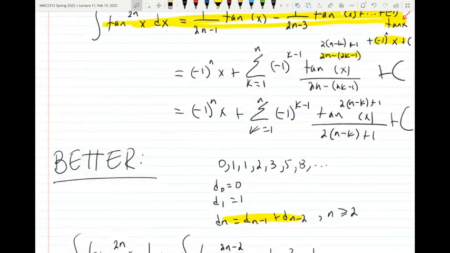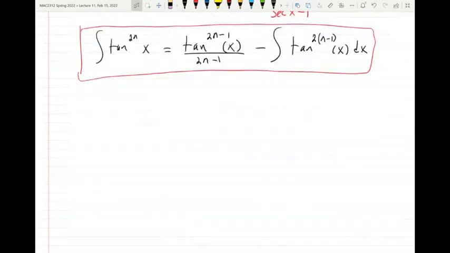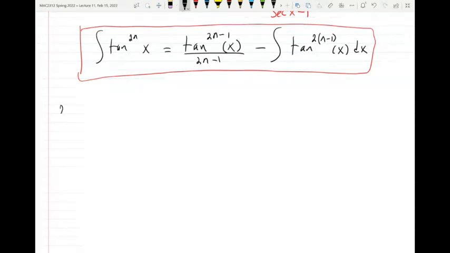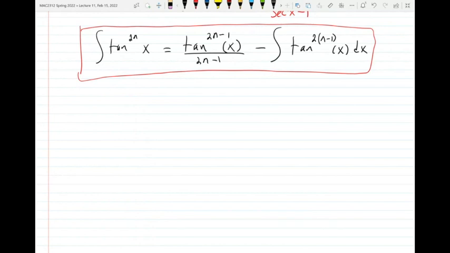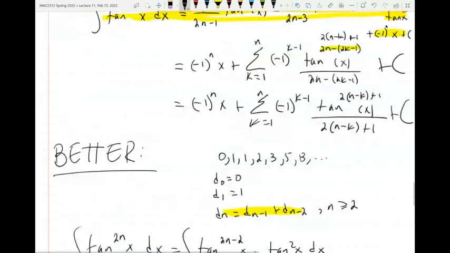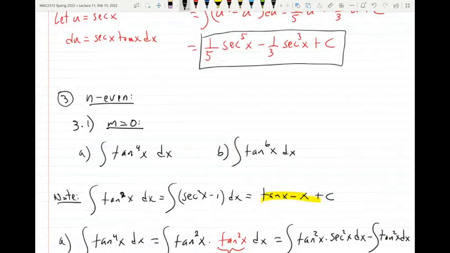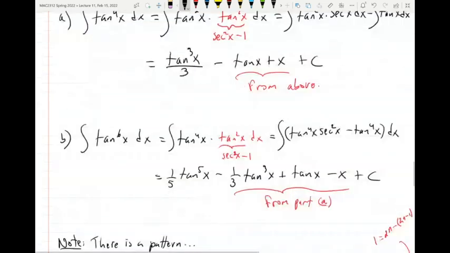Now, that was when the power of tangent is even and we had no secant. What if we have secant with an odd power? Because remember, even power of secant, we already did at the very beginning. So that was case 3.1: the power of tangent is even and there is no secant.